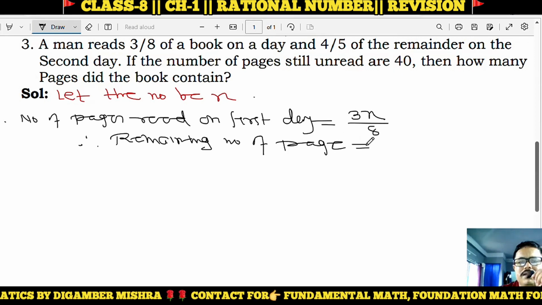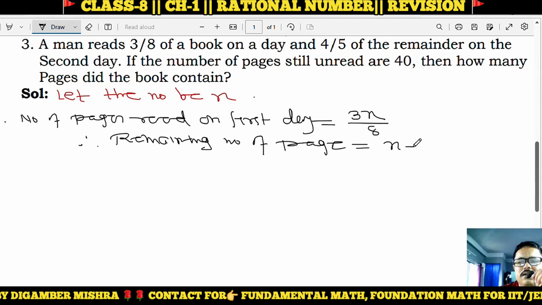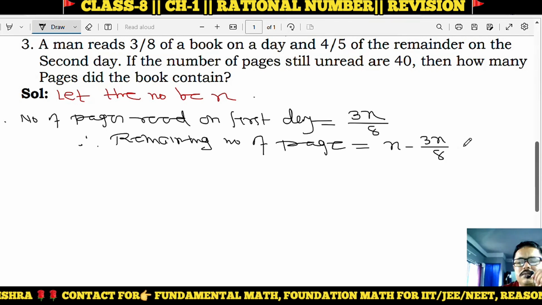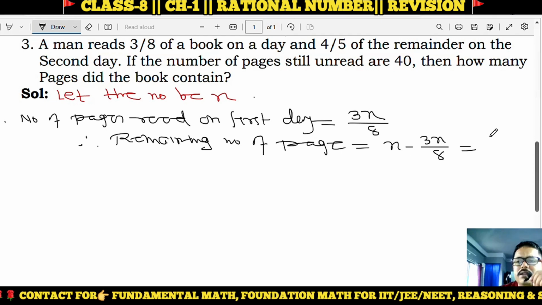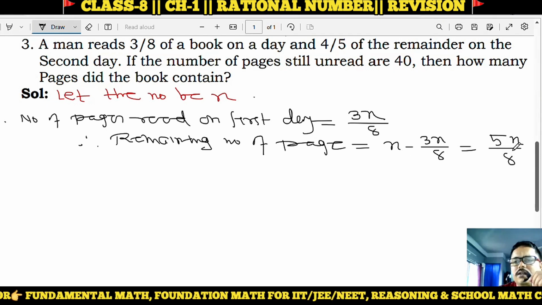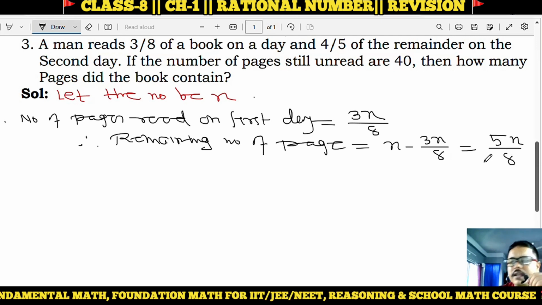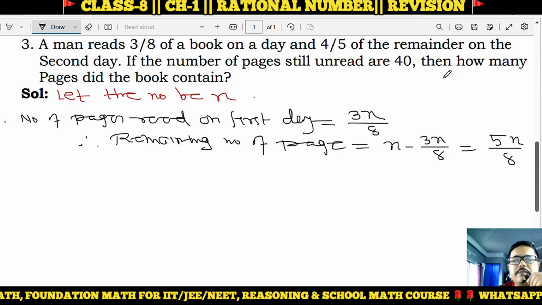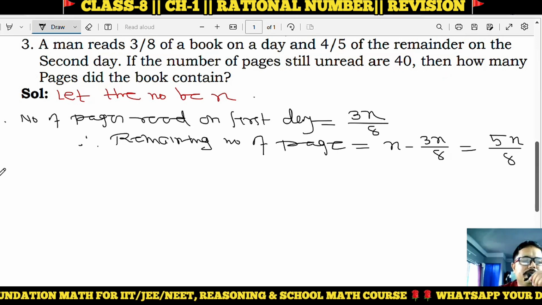So the total pages is x, and we will subtract 3x upon 8 from this. So 8x minus 3x will be 5x upon 8. This is the remaining number of pages, and 4 by 5 of the remainder is read on the second day.